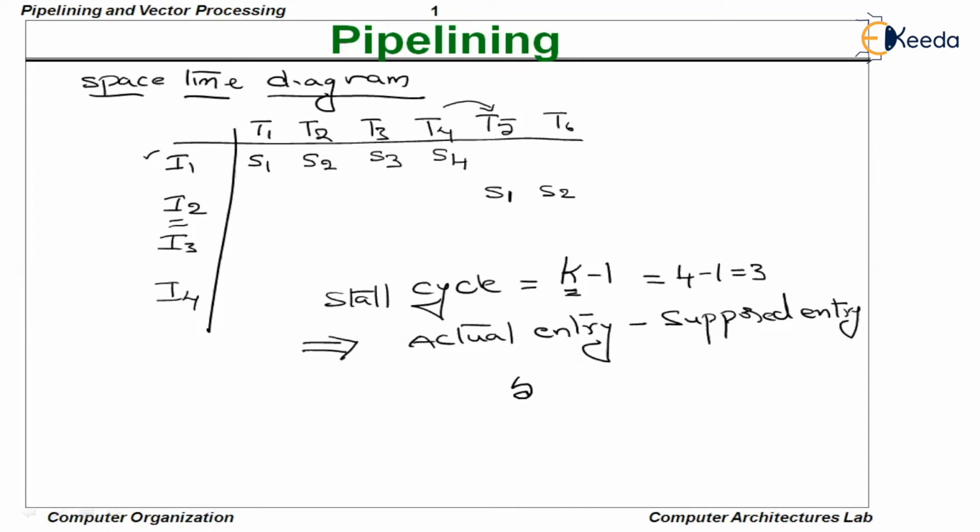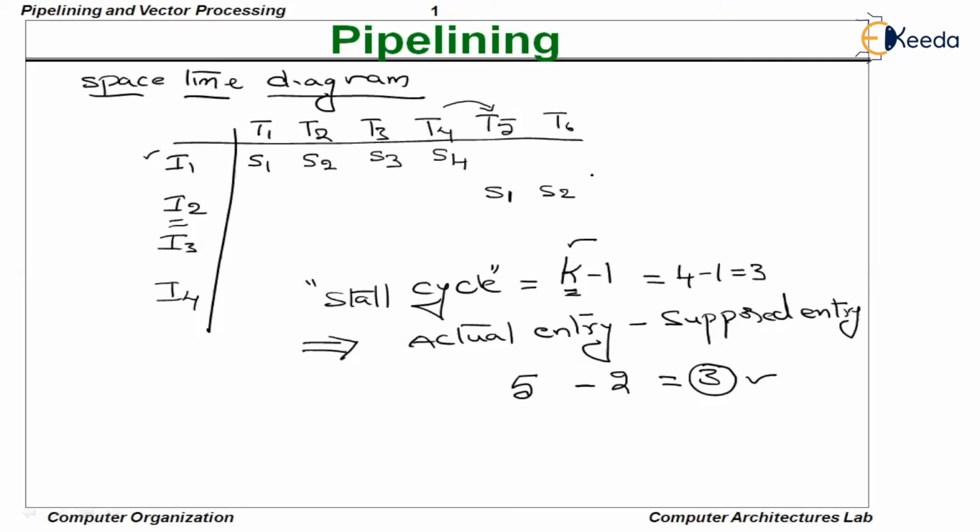Actual entry is 5 minus supposed entry is 2 itself. If there is no dependency, the second instruction would enter into the pipeline in just the second clock cycle itself. 5 minus 2 is also equal to 3. So I can either follow K minus 1 or actual entry minus supposed entry. We'll do a very good job in calculating the stall cycles.